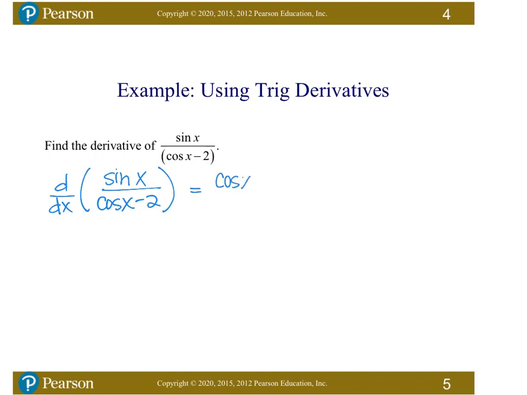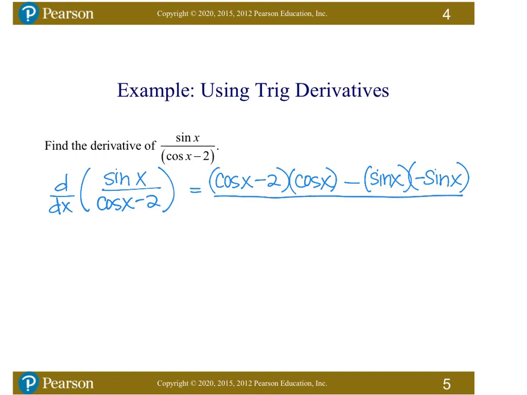So cosine of x minus 2 times the derivative of sine of x, which is cosine of x, minus sine of x times the derivative of the cosine of x minus 2, which is negative sine of x, all over the quantity cosine of x minus 2 quantity squared.